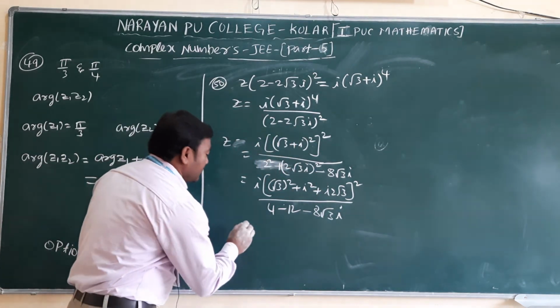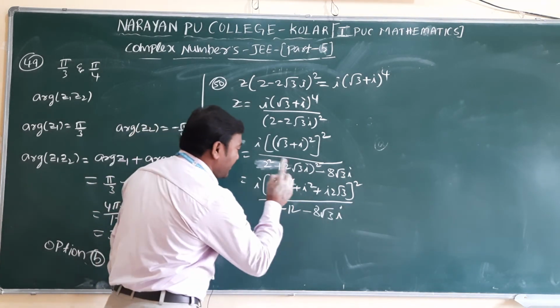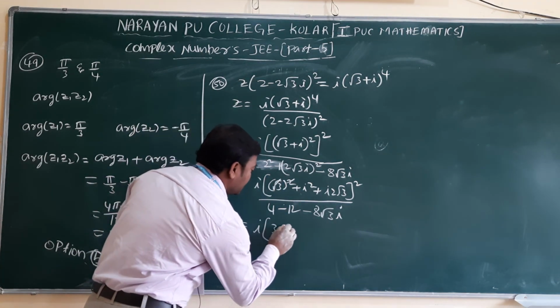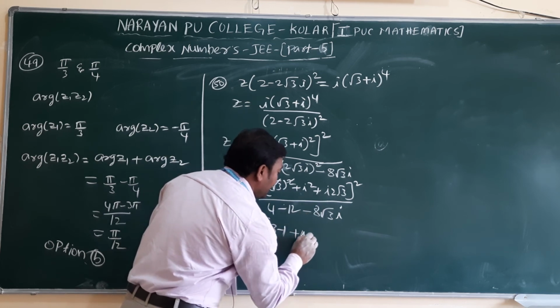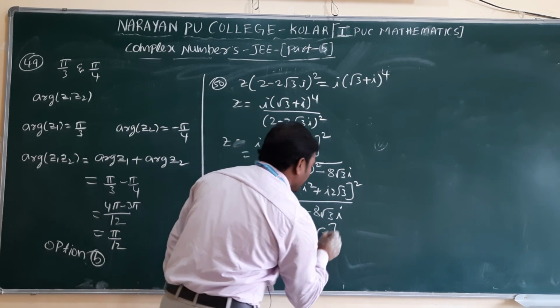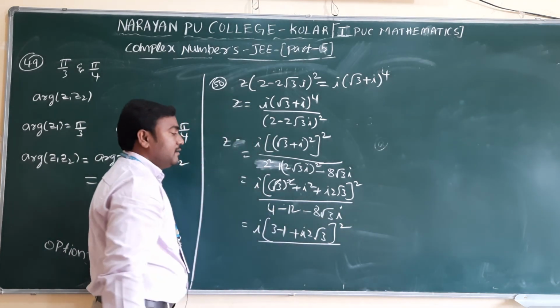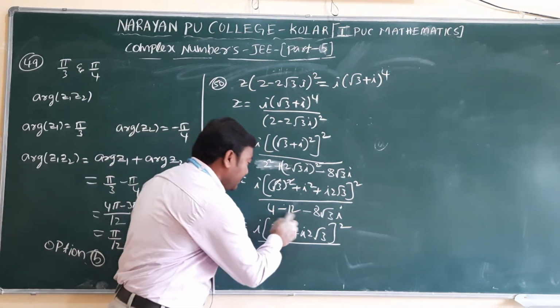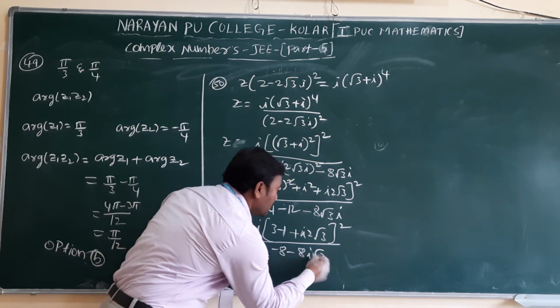Now the root gets cancelled, and i square is minus 1, so we get 3 minus 1 plus i into 2 root 3, whole square, divided by 4 minus 12. But wait, in the denominator, I have to take minus 8 common: minus 8 into (1 plus i root 3).